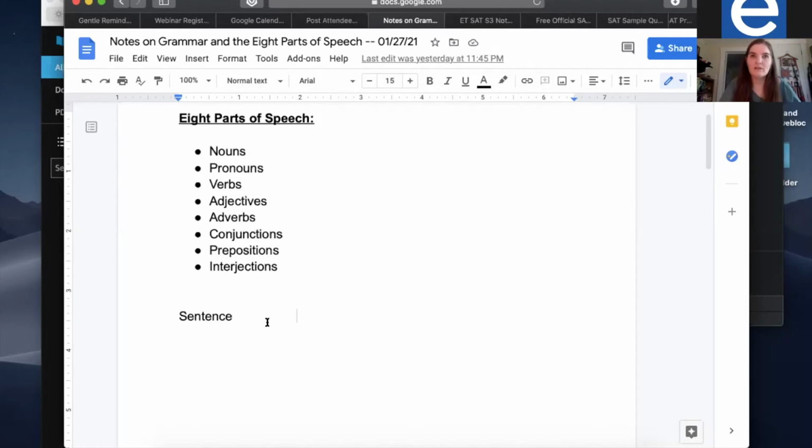You also have things like possessive pronouns. So these are things like his, hers, yours, mine. All of these different types of words, in essence, show ownership or show a relationship between different nouns.